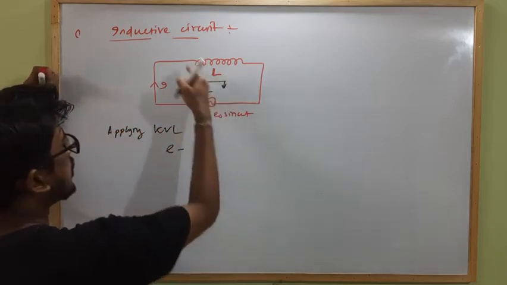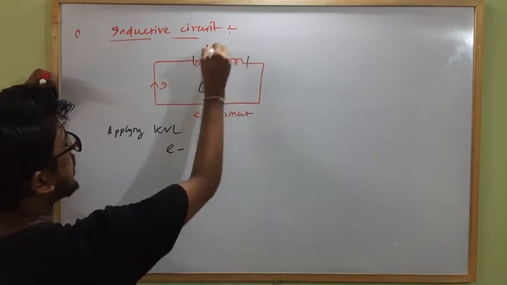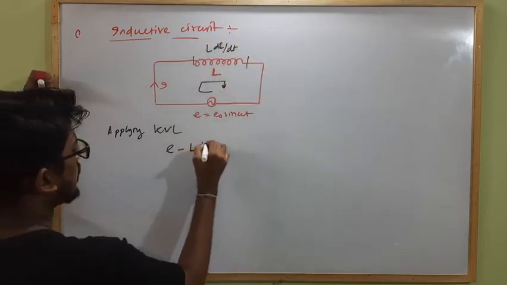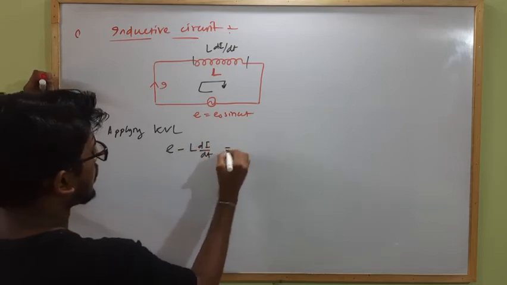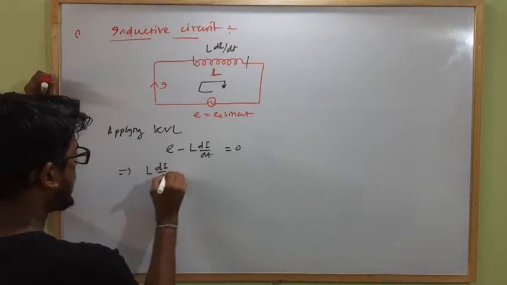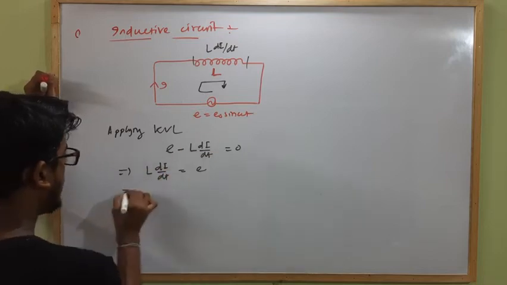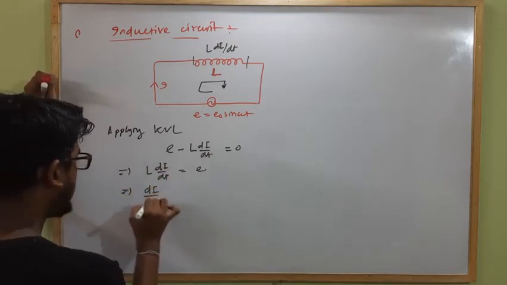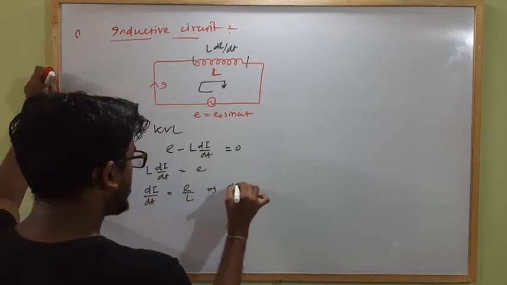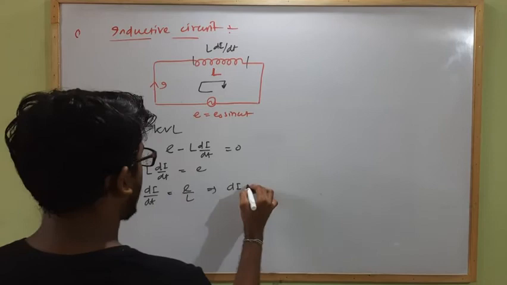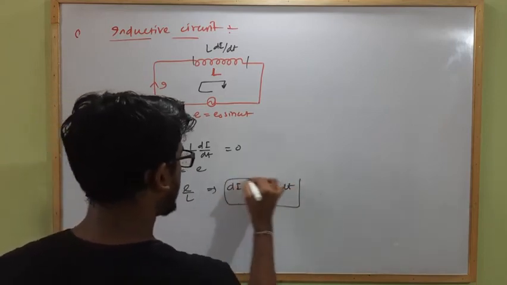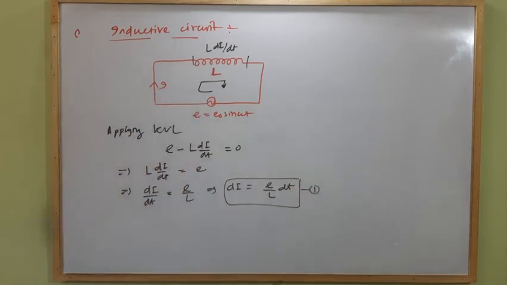E minus the potential difference across the inductor, which is L into di by dt, as you already studied, equal to 0. So this implies L di by dt equal to E, so di by dt equals E by L. So di equals E by L into dt. It will be equation 1.